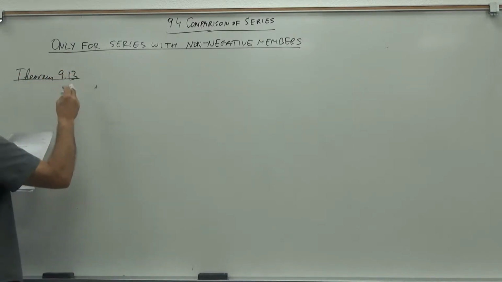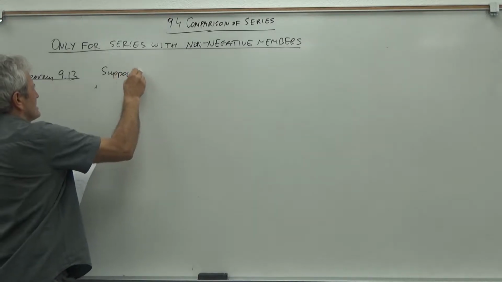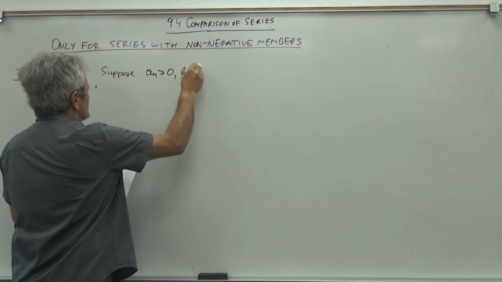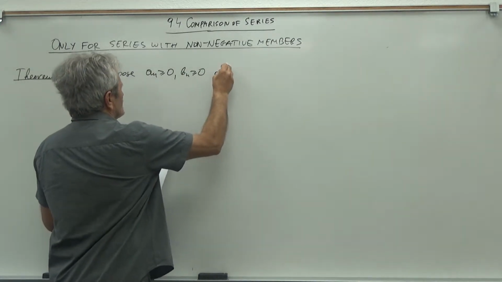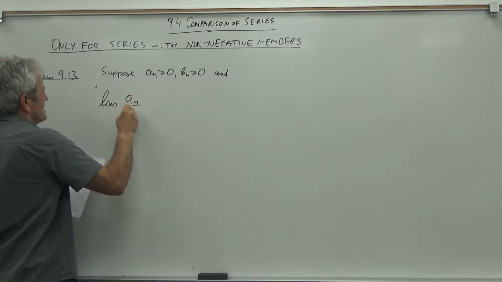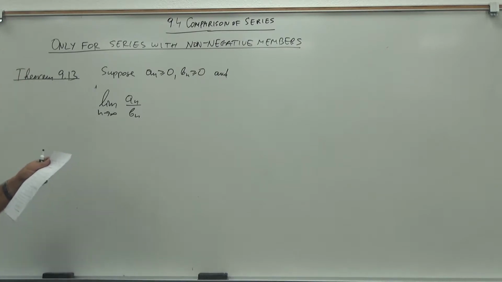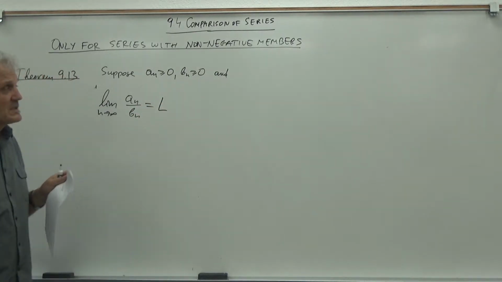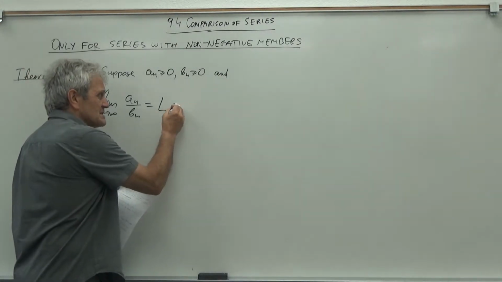Again, they must be non-negative. Suppose an greater or equal to 0, bn greater or equal to 0, and a limit of an over bn when it goes to infinity is equal to L. So suppose that that limit exists, and that limit L is not 0.